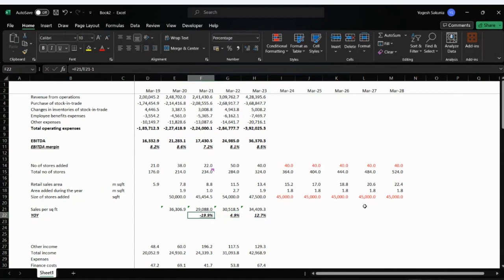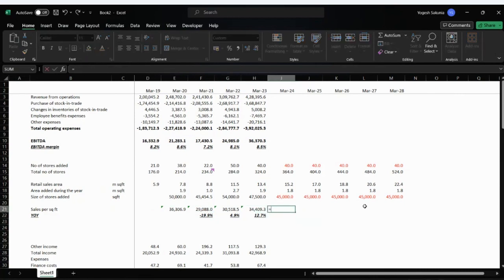Nothing much that you can look at, but what we should definitely look at is the year ending March 21, and a large part of the year ending March 22 would have been affected by COVID. Pre-COVID, the sales was about 36,000 per square feet, and in March 23, you've reached 34,000. So gradually, you may increase back to about 36,000, and we will just stick to that.